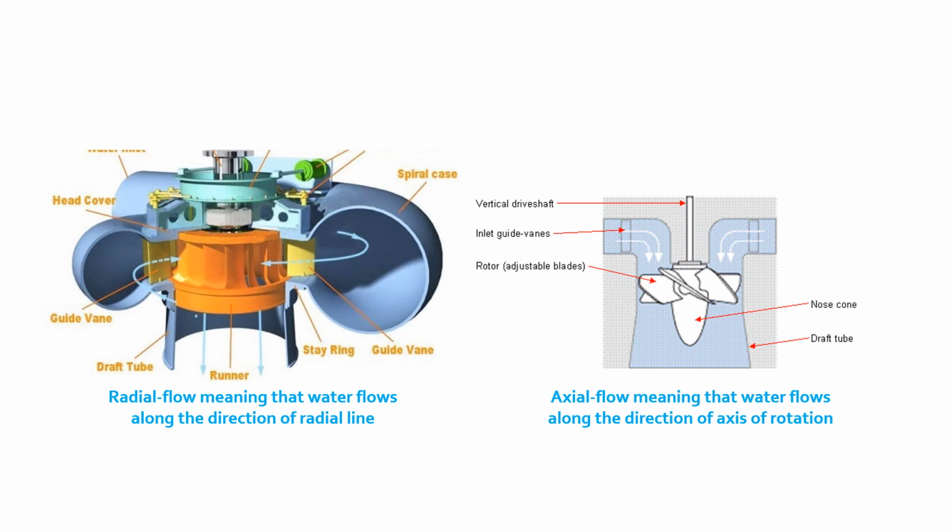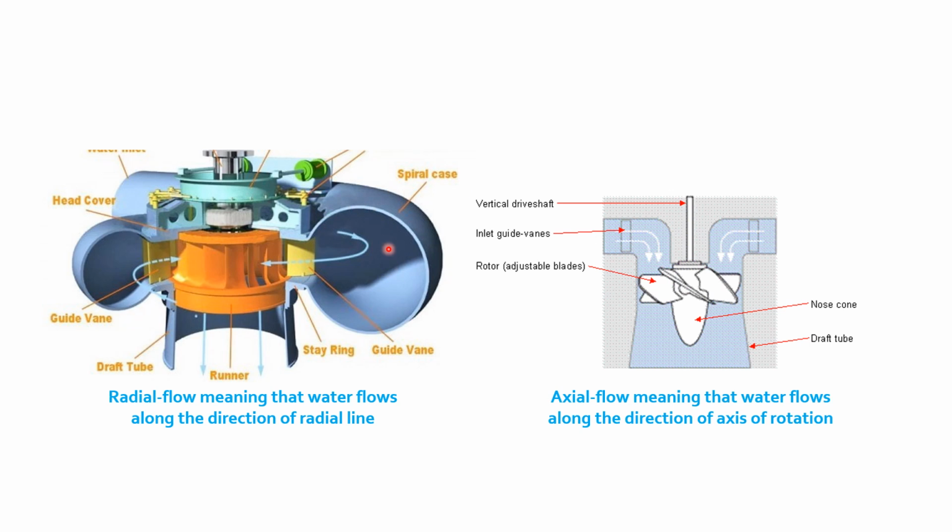Over here you can see the turbines which we have discussed previously. On the left side we can see a Francis turbine, while on the right side we can see the Kaplan turbine. Note the blue portion over here, which is termed the spiral case, also called the scroll case.